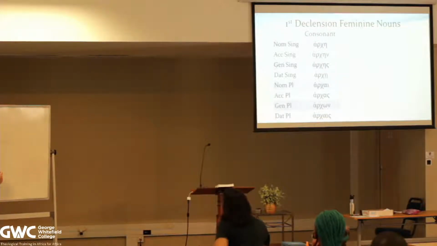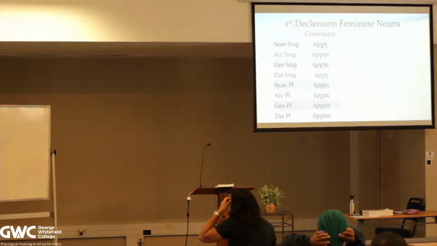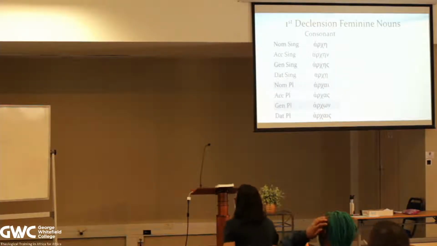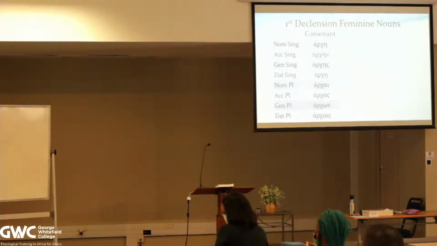Then we change our endings, N, S, all the way down, right? The stem ends in a consonant. Happy days. If your first declension feminine noun has a stem that ends in a consonant, like archae, then it's going to behave exactly like archae.